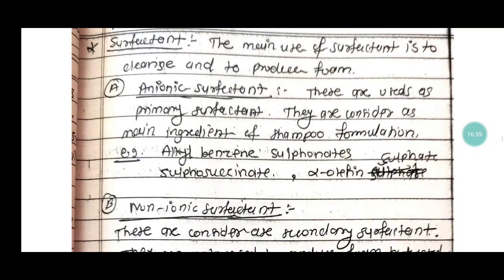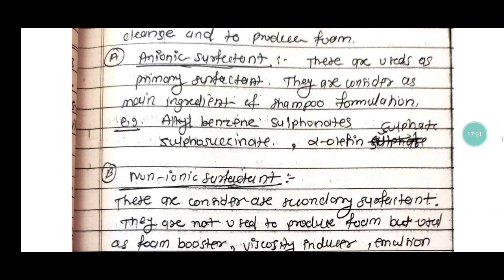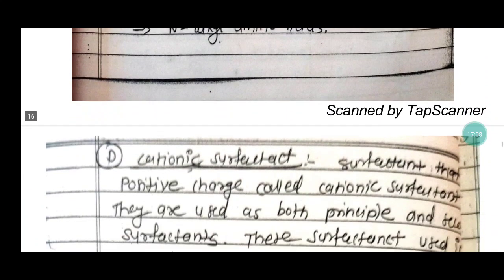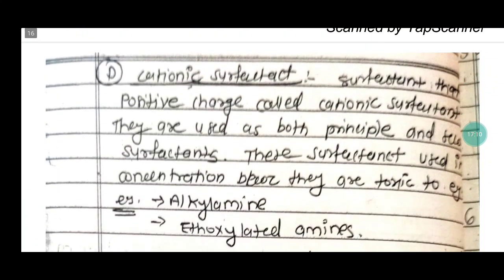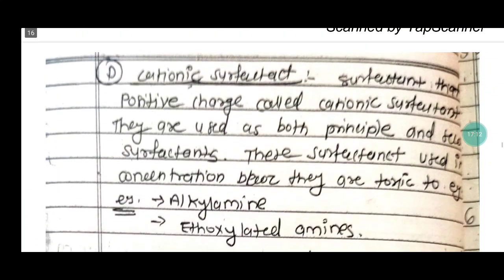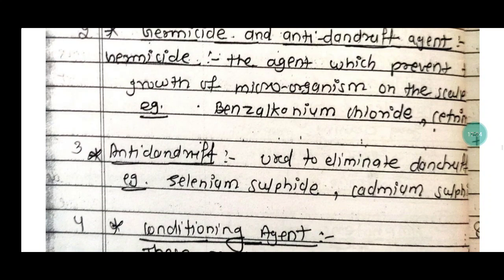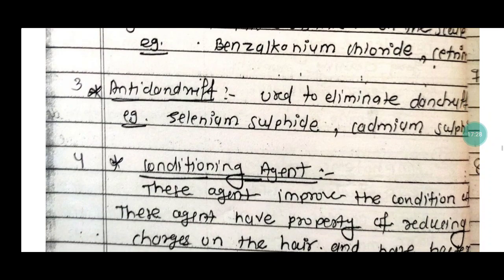In that, anionic and non-ionic surfactants are used, and amphoteric surfactants are added. Even cationic surfactants are added to the formulation. Number two, germicides and anti-dandruff agents, which remove microorganisms from the scalp. Anti-dandruff agents are used to eliminate dandruff.